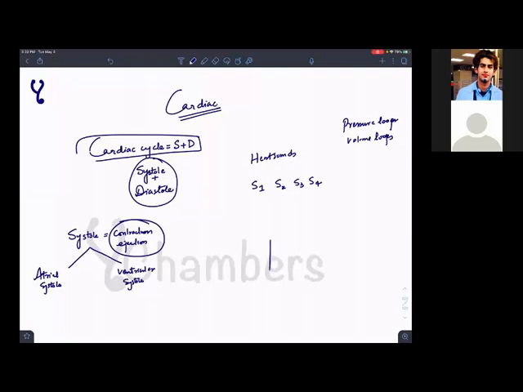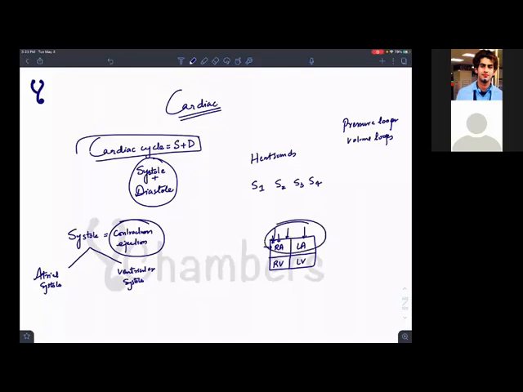Now orientation: here I have four chambers of the heart, isn't it? This is your right atrium, right ventricle, left atrium, left ventricle. Now if the right atrium is contracting, I say right atrial systole or atrial systole. If these atria are contracting, I will say atrial systole.